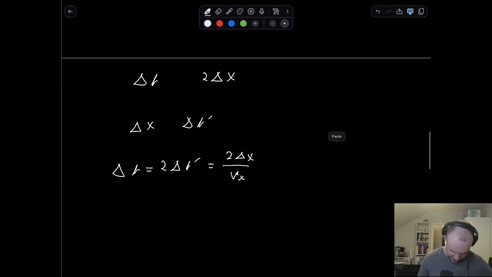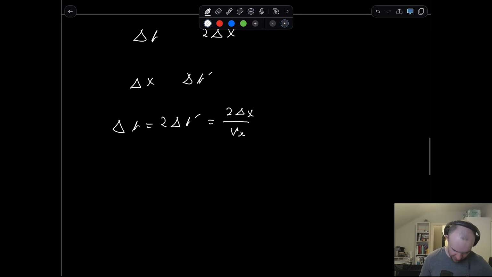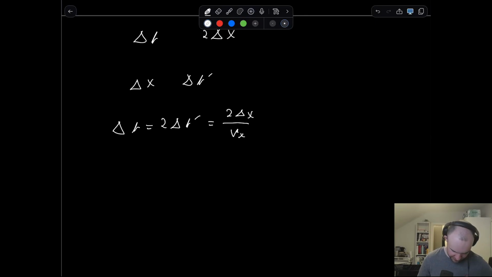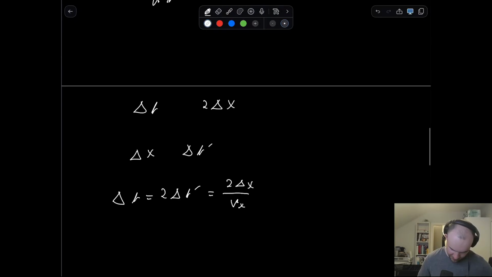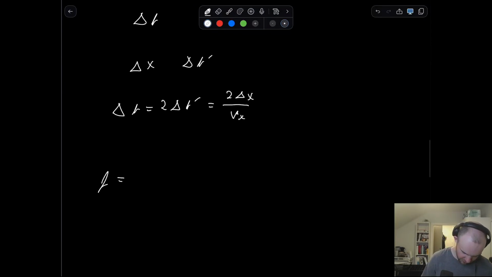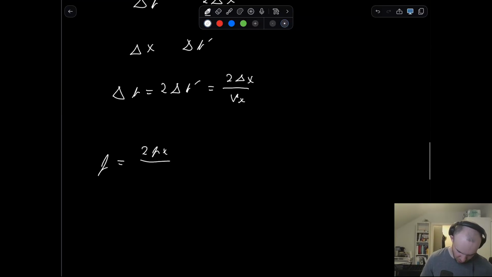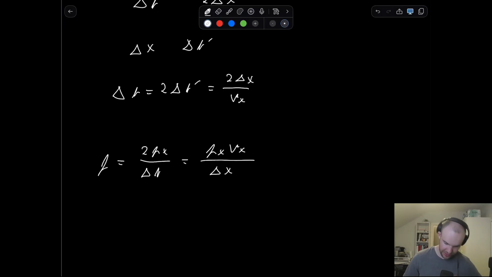And this can be rewritten very neatly, because we have delta t equal to that. Then we can use what the force is. The force was just 2px over delta t, and with some simple algebra, the 2 goes away, and we have px vx over delta x, like that. Pretty neat.